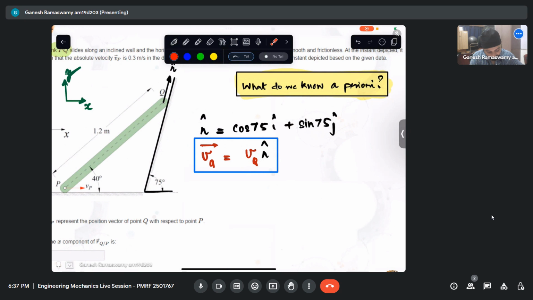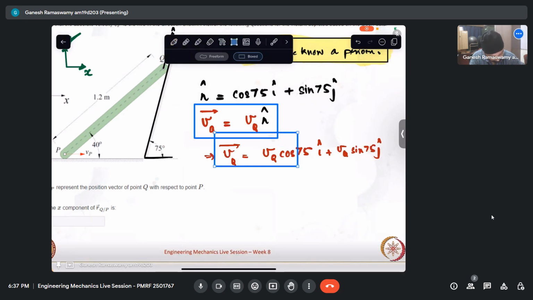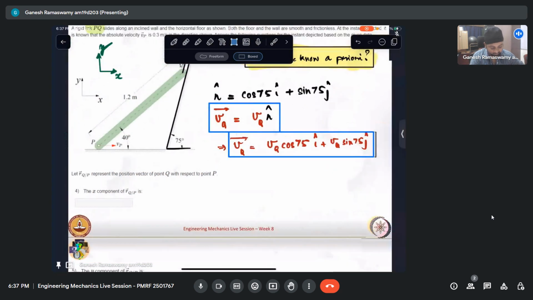So I can write the vQ vector as vQ cos 75 i cap plus vQ sin 75 j cap. So this much I know. I don't know the magnitude, that's fine. But about vQ, I know this much.